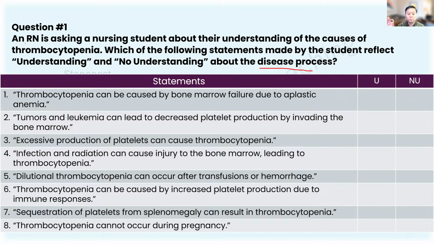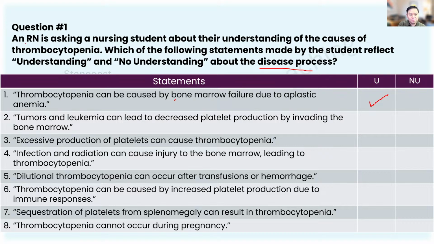What you're going to see is a drop in the platelet count. And so bone marrow failure itself is going to be one of the causes of thrombocytopenia. All right, so that would be understanding.